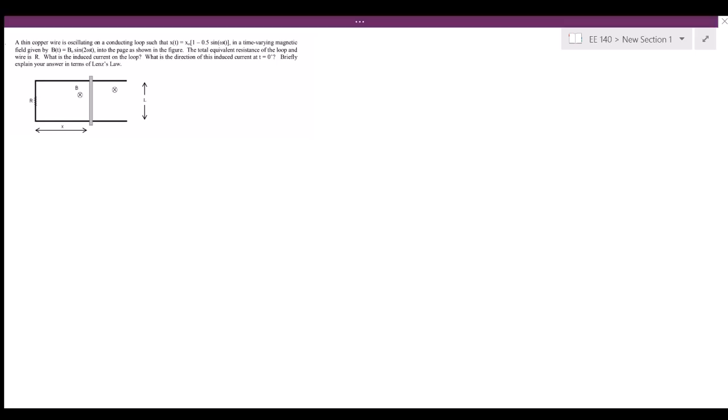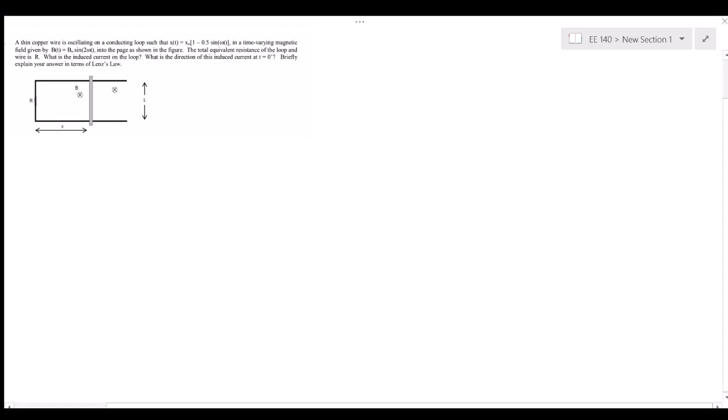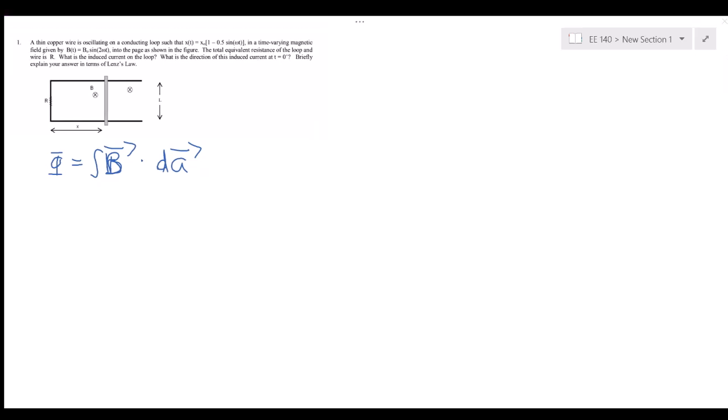So, the first thing we're going to do is calculate the magnetic flux. The magnetic flux is the dot product of the average magnetic field times the perpendicular area that it penetrates. So we would get B, our magnetic field.